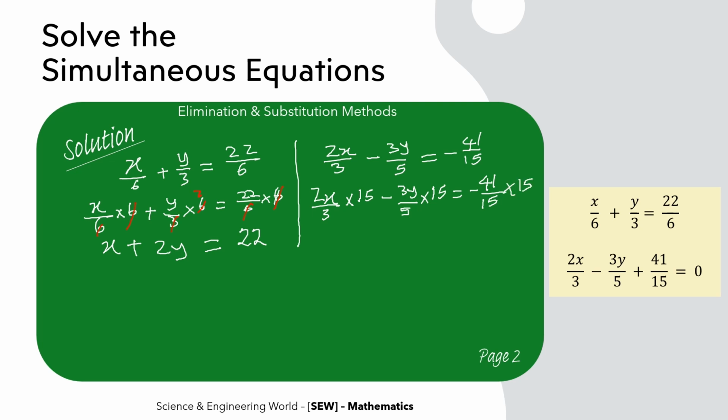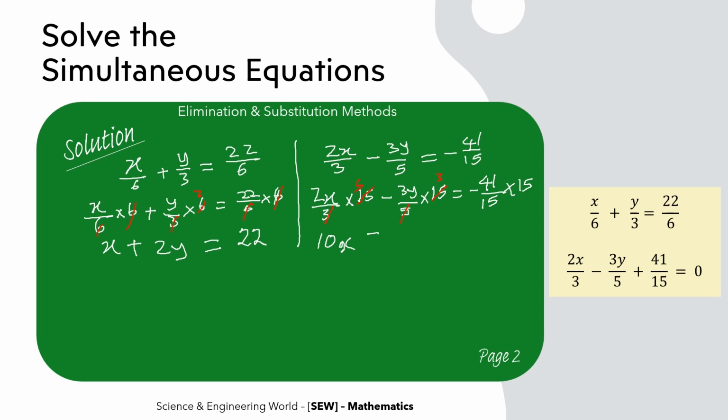We see 3 will go in 15 5 times, and this will give us 5 times 2, that's 10x. Then 5 will go in 15 3 times.